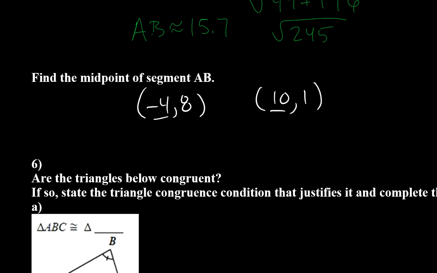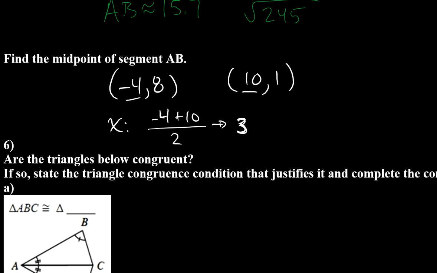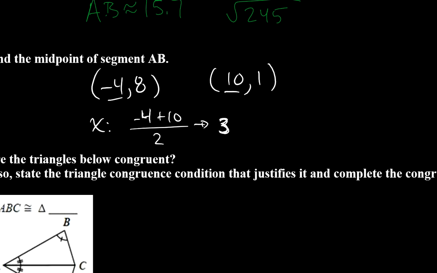So I'm going to first look at the average of my x values. I'm going to look at the two different x values and add them. So I'm going to add -4 plus 10, and then divide that by 2. When I do that, I get 6/2, which is 3. So the value of my x coordinate is 3, and I'll do something similar for the y coordinates.